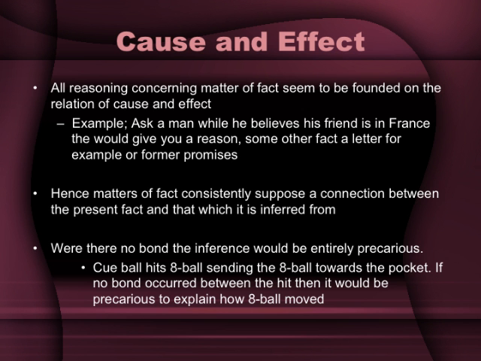And to negate the fact that the 8-ball moved, like the 8-ball did not move, does not create a contradiction of the cue ball moving. So the three factors that are related to relations of ideas are not found in inferences about the future. And that's all he's saying to this point.